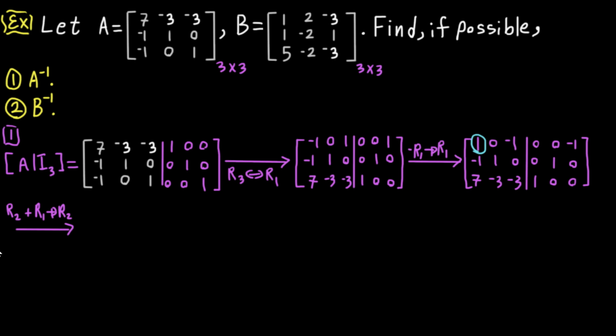And here row 3 minus, it has to be 7 here, so I will multiply row 1 by 7: row 3 minus 7 times row 1 in row 3. This row remains the same, I'll speed it up.